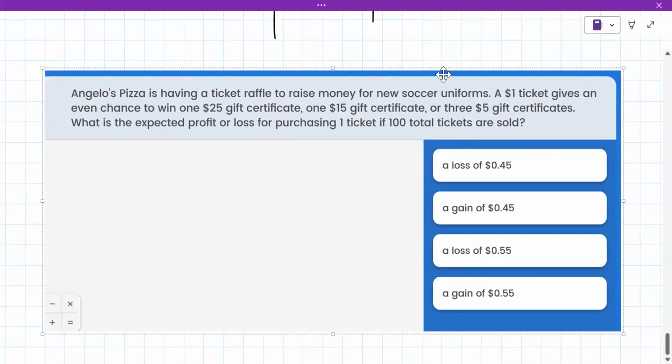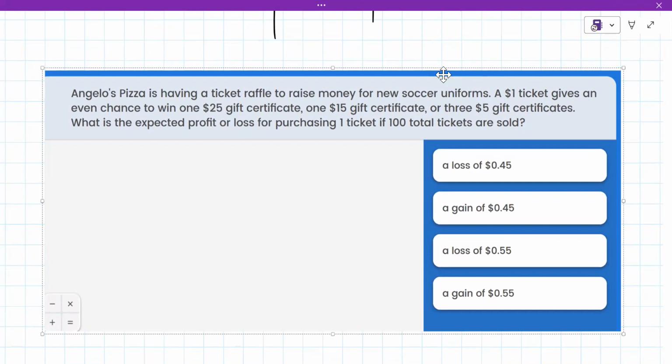All right. So Angela's Pizza is having a ticket raffle to raise money for new soccer uniforms. A $1 ticket gives an even chance to win one $25 gift certificate, one $15 gift certificate, or three $5 gift certificates.